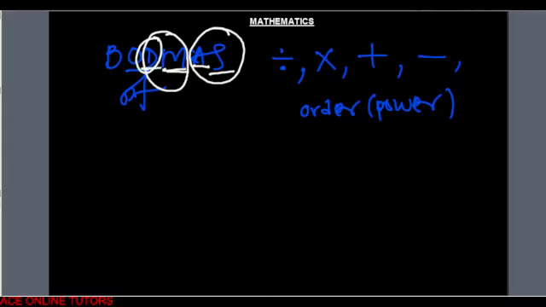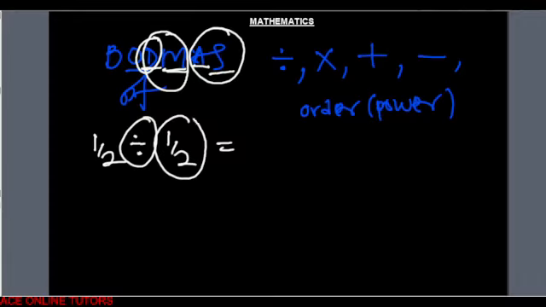A good example, let's say you are given 1 over 2 divided by 1 over 2. What do you do? You change this division to multiplication, but whenever you are changing division to multiplication, you reciprocate the number that follows that particular sign, which is this division.